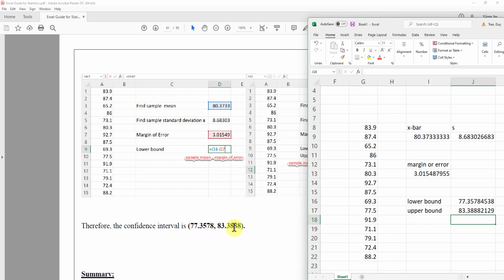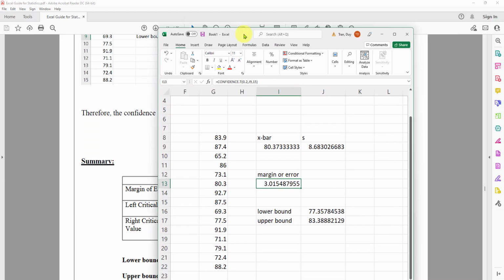And here is my confidence interval using Excel. So you just have to find the x bar, the sample standard deviation, and the margin of error using the confidence.t function. And then after that, you just apply the formula: the sample mean minus the margin of error to get the lower bound, or the sample mean plus the margin of error to get the upper bound.